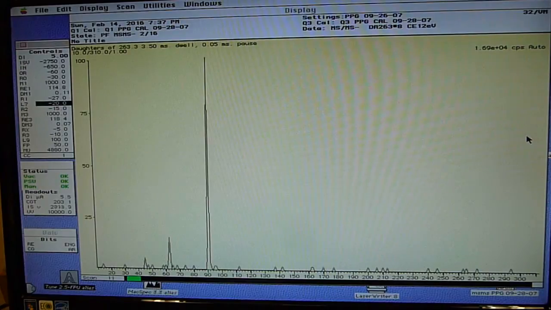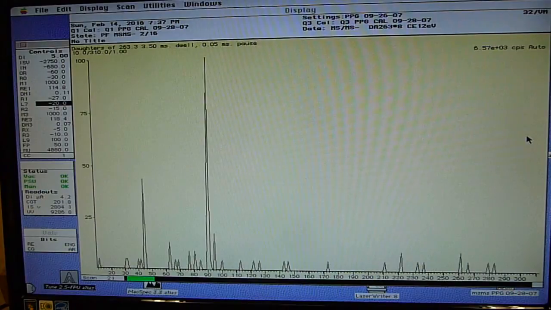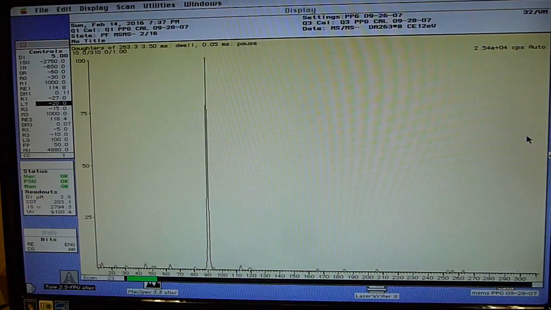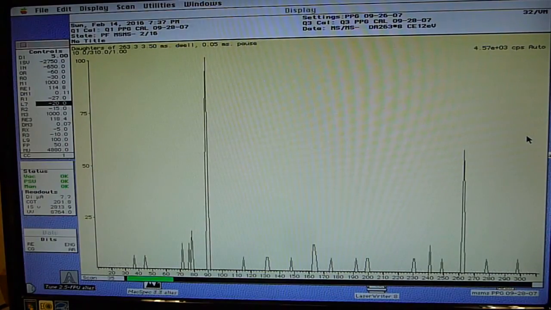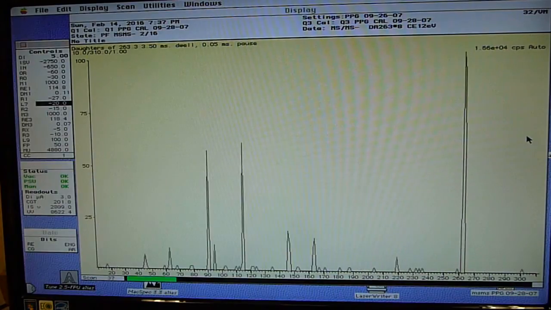This particular sample is after we've done a dozen other samples of other dipeptides, so there is some background. The 263 is showing up.